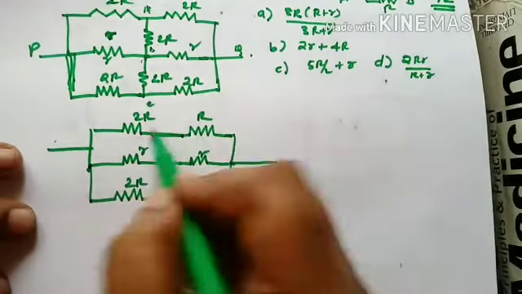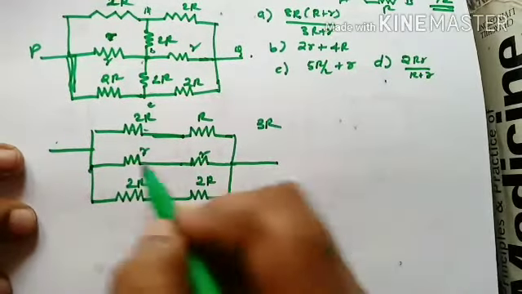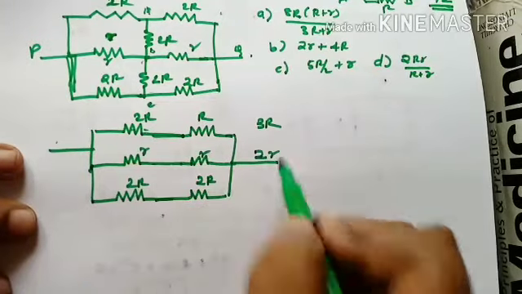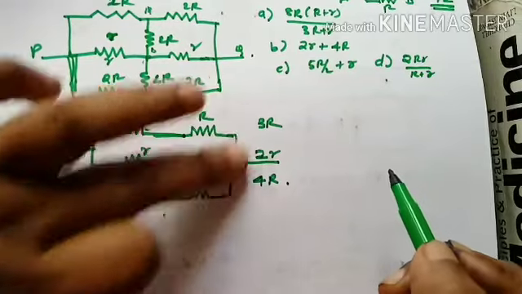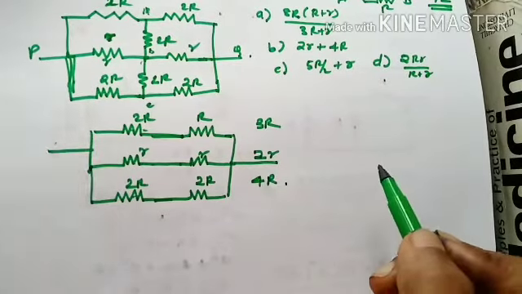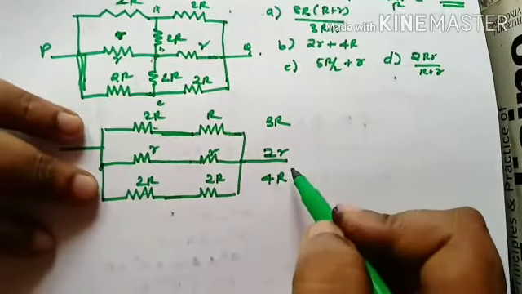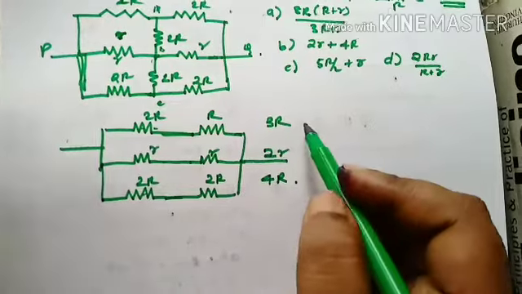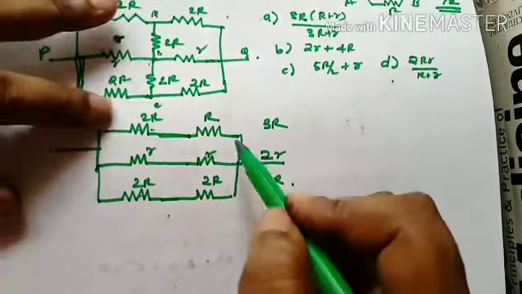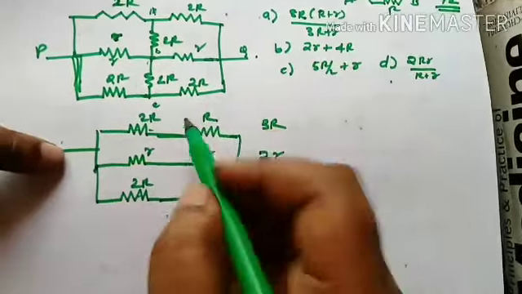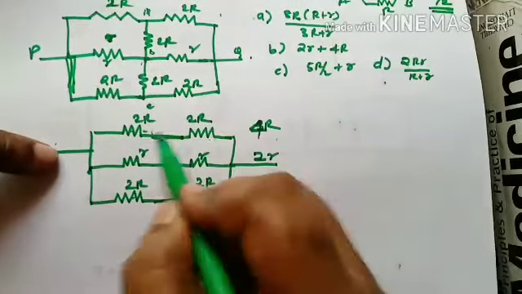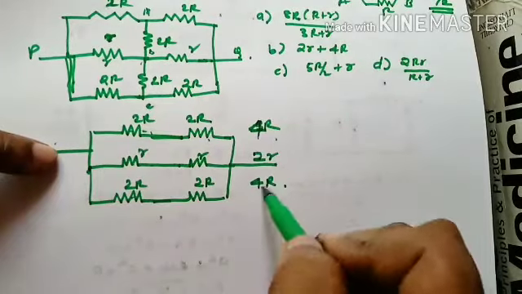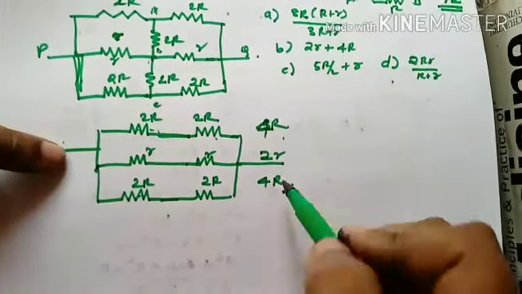This 2R and R is 3R, this R and 2R, and this 2R and 2R are 4R. Now solve these three that are in parallel, 3R and 4R. Let's take these two: 2R plus 2R is 4R, it's 2R. Now 4R and 4R, now it's easy.